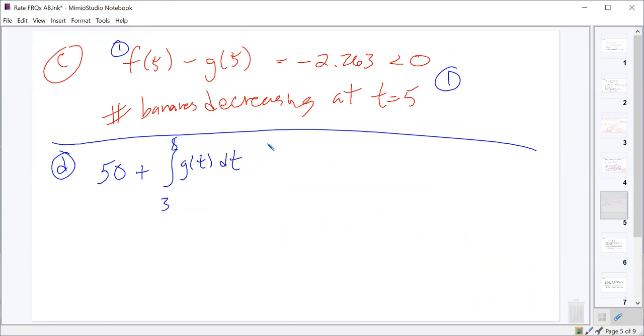And then minus the integral from 0 to 8 of f of t dt, which is the integral of the rate at which they're being removed. And that came out to be 23.347 pounds.